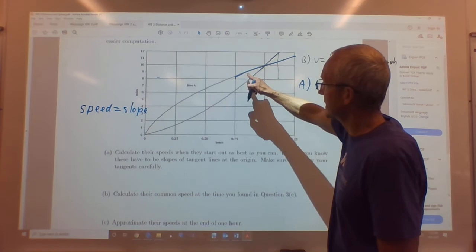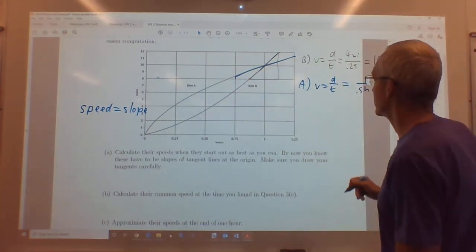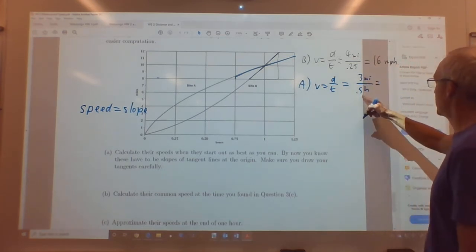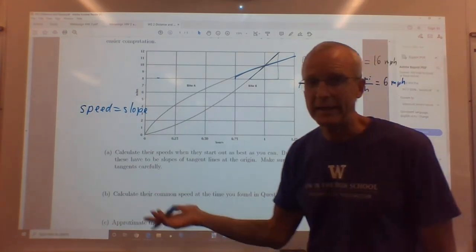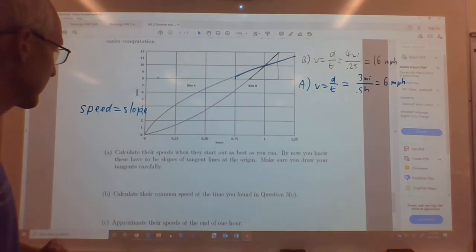So let's say about 3 miles. Yeah, roughly about 3 miles. So I'd say 3 divided by that is 6 miles per hour. Again, you might have gotten 8, but you know, close enough. Obviously, bike B is going much faster.